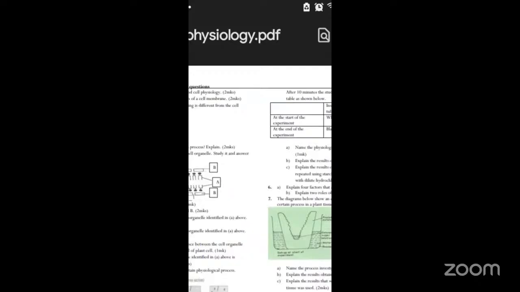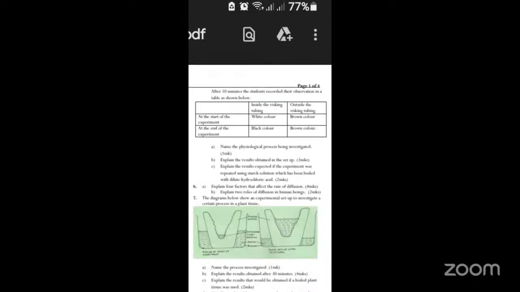So, I want us to talk about carbohydrates. Now, carbohydrates are divided into three categories. We have the first category, which is the simplest form of carbohydrate, which is monosaccharides.